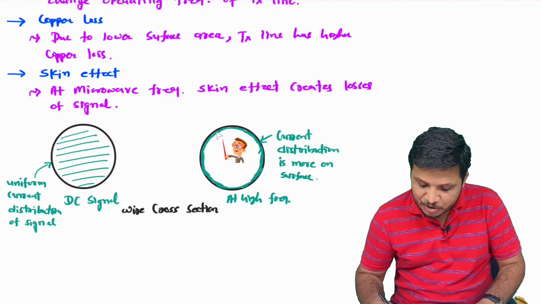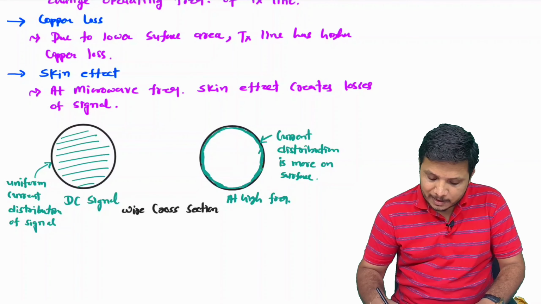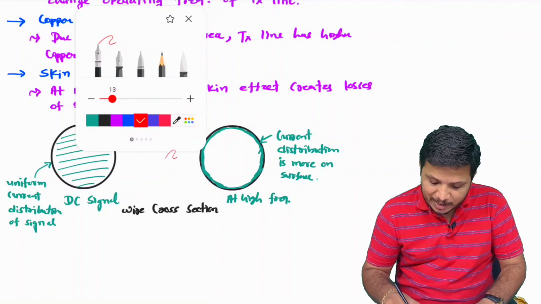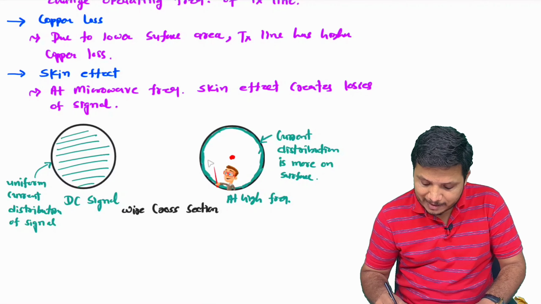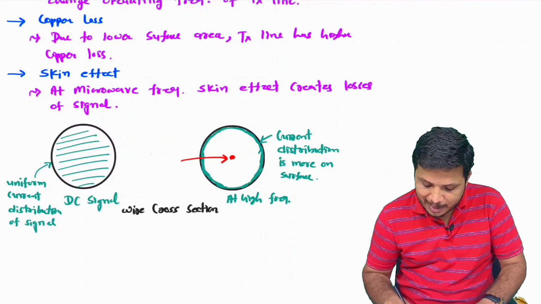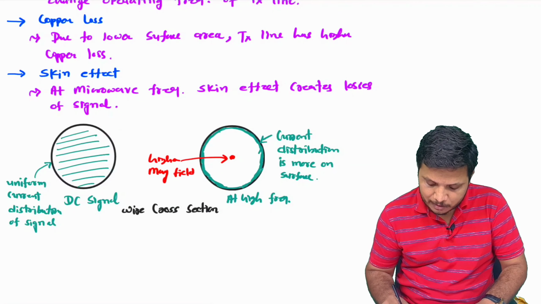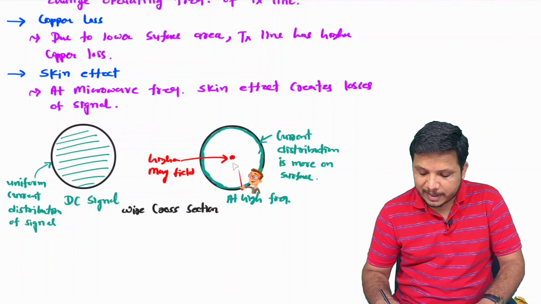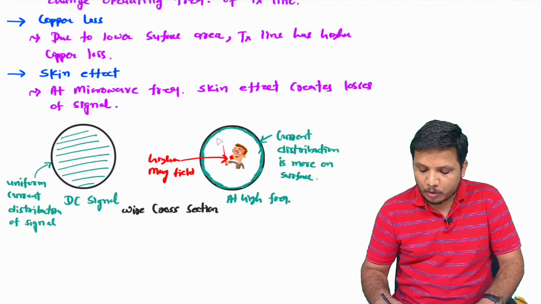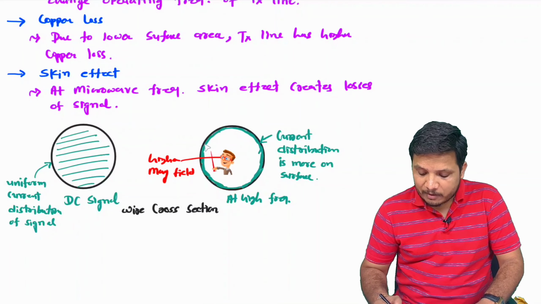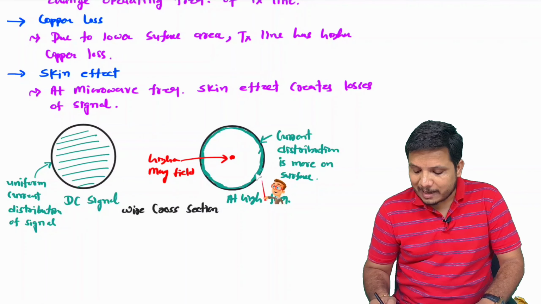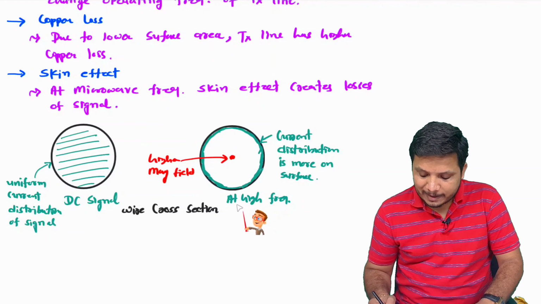Now why is the current distribution more on the surface? The reason is there will be a higher magnetic field at the center. So due to the higher magnetic field at the center, current will move towards the skin of the wire, and if you further increase frequency, this current will get radiated as an electromagnetic wave.